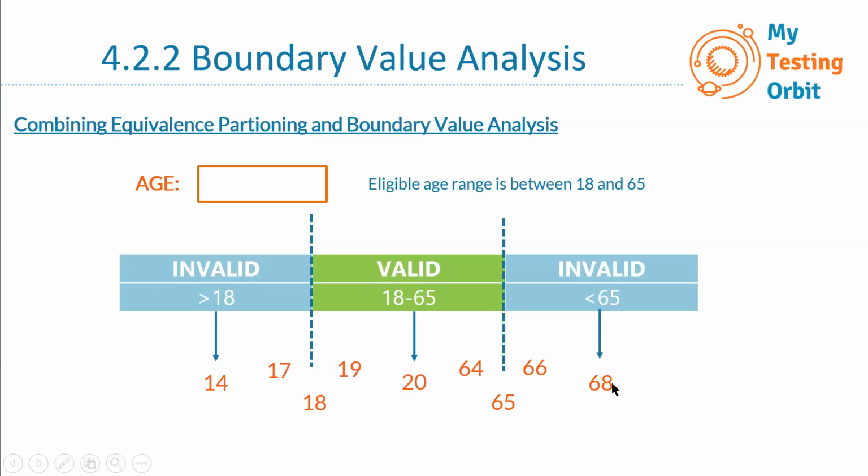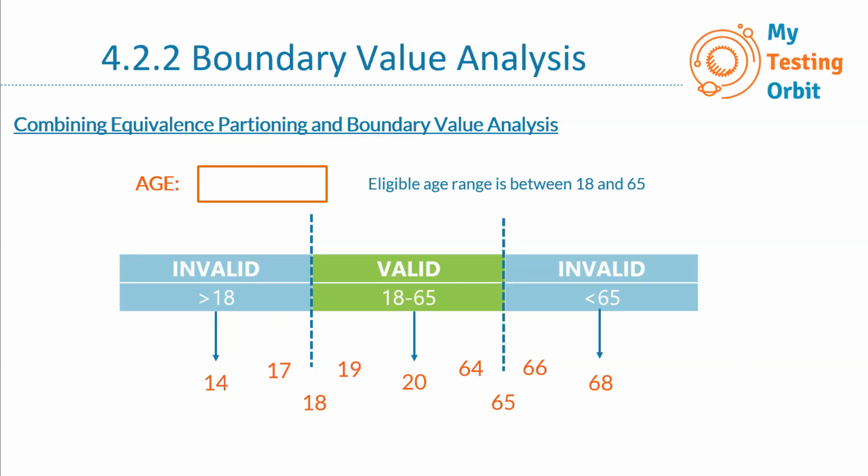Maybe it doesn't look like a lot of test data for this set of testing, but maybe we are testing a field or multiple fields where we have lots of equivalence classes, which means that if we go with this approach, we will have lots of inputs again. So maybe we are not utilizing our time in the best way. If we combine three-value boundaries with equivalence partitioning, we are not getting any additional benefit from this.